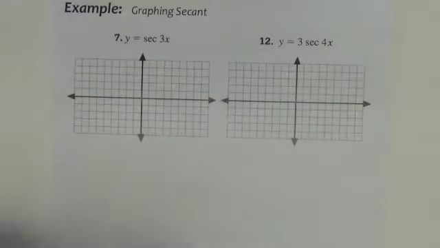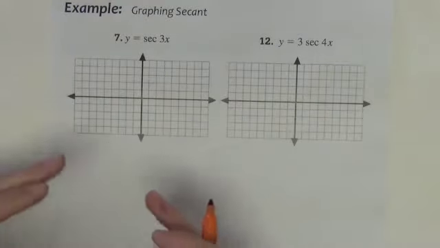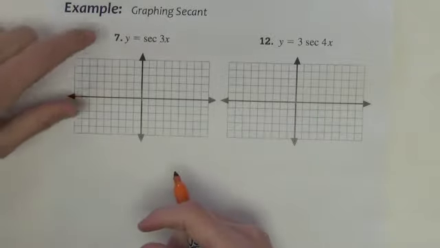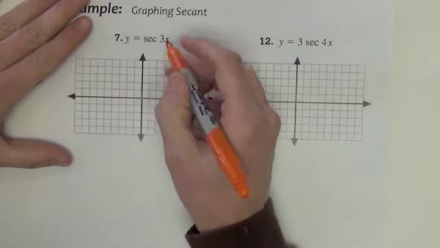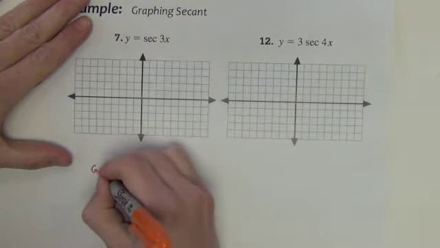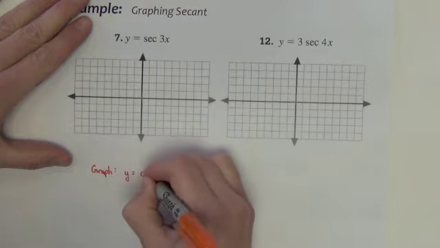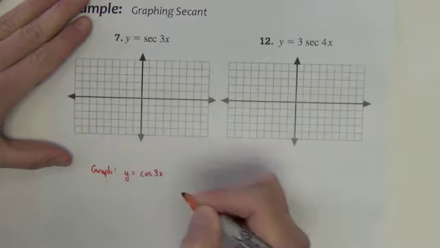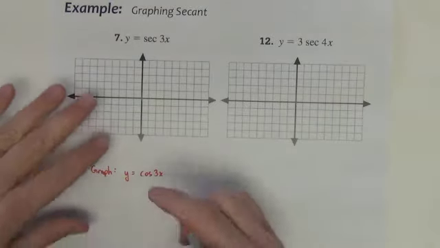Okay, let's see a couple examples of graphing a secant function. Actually, let's speed it up and just do the first one here. I see y equals secant 3x, so I'm going to begin by graphing y equals cosine 3x. I'm going to take just the reciprocal function, cosine, and deal with that one.